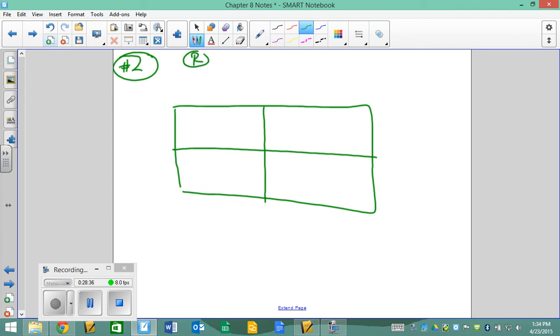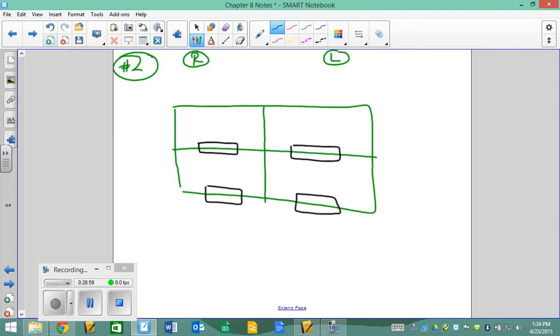That way, that side's right, and that side's left. Now we know that there's 4 of everything. 4 chambers, 4 valves, 4 blood vessels. We know that the valves go here and here. So there's my 4 chambers, there's my 4 valves.